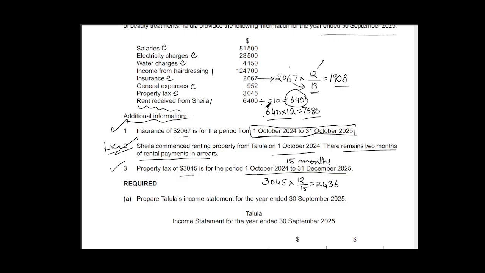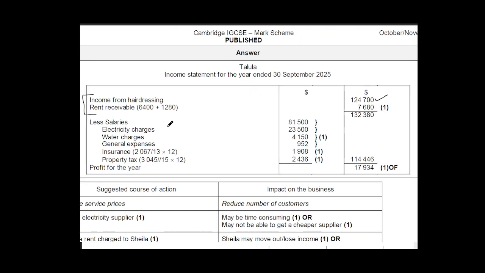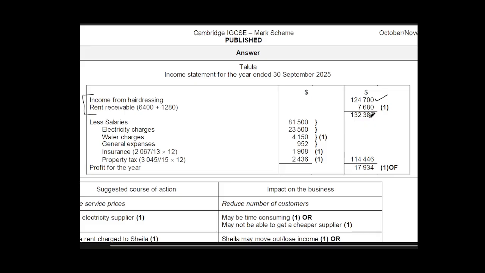The 2 months, you will first divide it by 10 and the answer is to be multiplied by 12. Okay, 640 multiplied by 12. If you write 640 multiplied by 12, then again you get the same answer. Now in the answer we have written both the incomes and we total them. So this is the total income of our business.